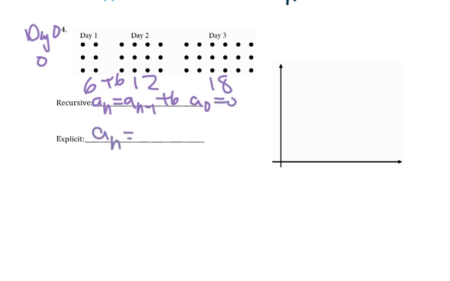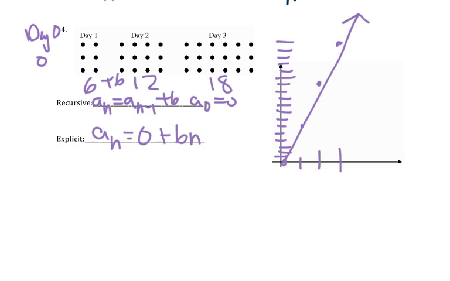Explicit, a sub n equals starting number of 0 plus our growth times n. Start out with 0, 0, 1, 6, 2, 12, and 3, 18. Our graph would look like that.